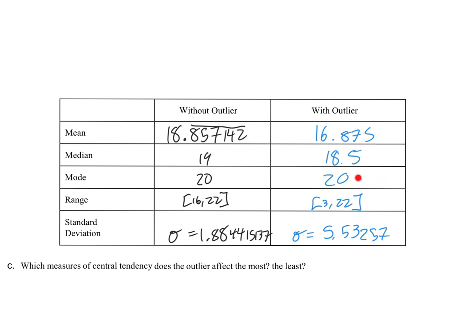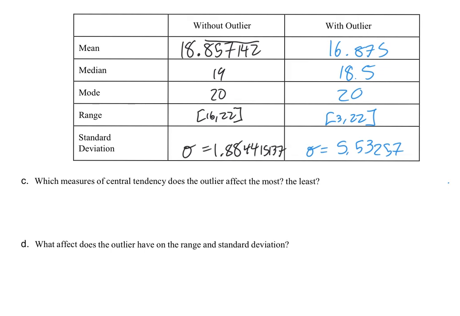The mode doesn't change because 20 is still the thing that shows up the most. Your new range, and then your new standard deviation. What they want you to see is what was affected a lot and what was affected a little bit by this. If you're not sure how I got these, let's talk about it in class, and I can show you. It's the same process as here, but now I have one new number to throw in the mix.